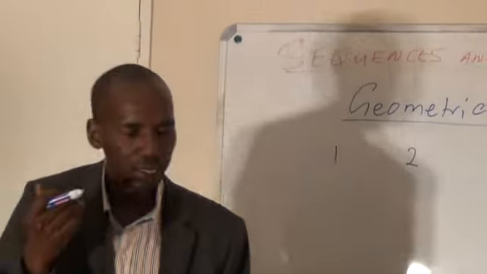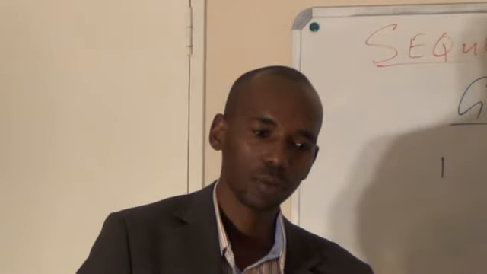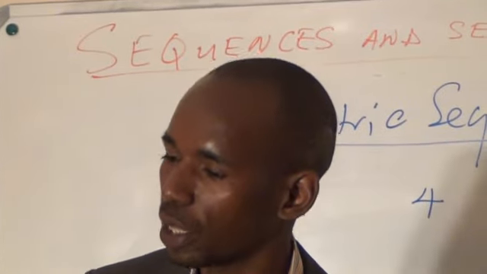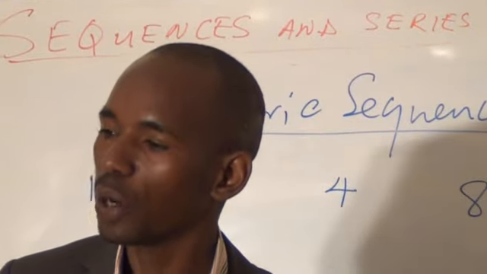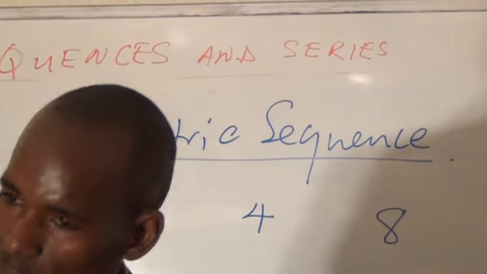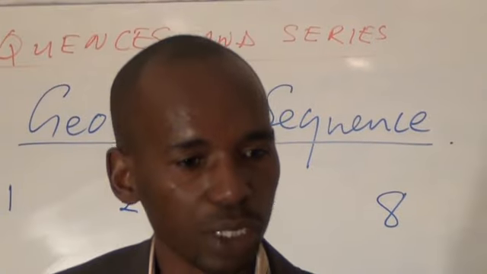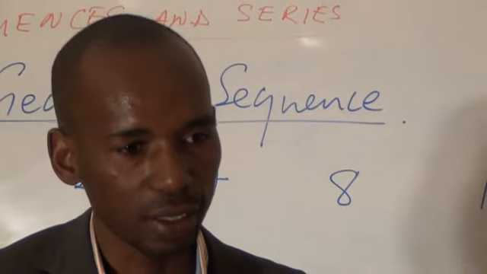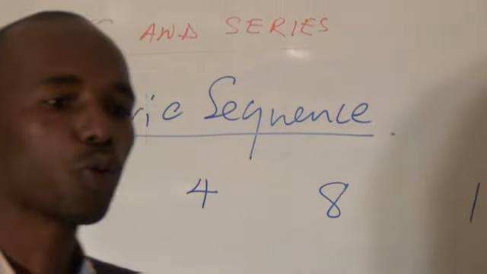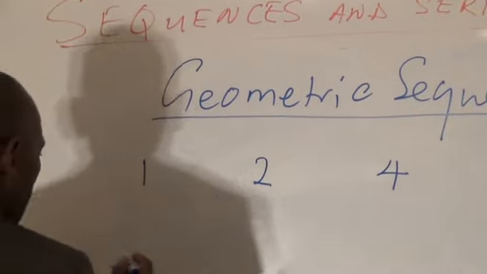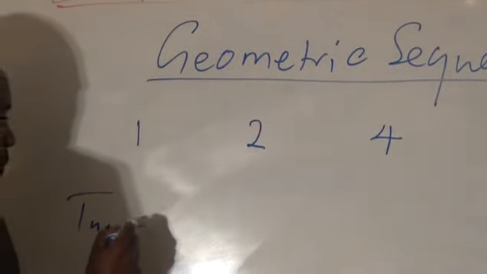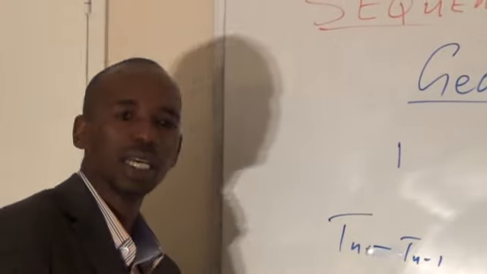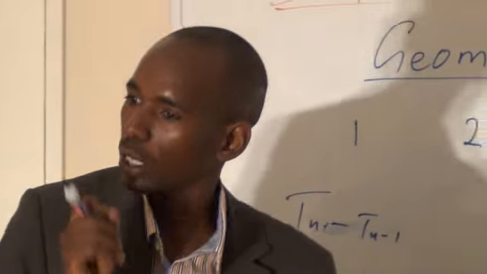If we try to think carefully, it will be very easy for us to see that this is not an arithmetic sequence. How can we see that? Remember, by definition, an arithmetic sequence is where we have a common difference between a term and its predecessor. So if we were to check the same thing, Tn minus Tn minus 1 here, you will see that we don't have a common difference d.